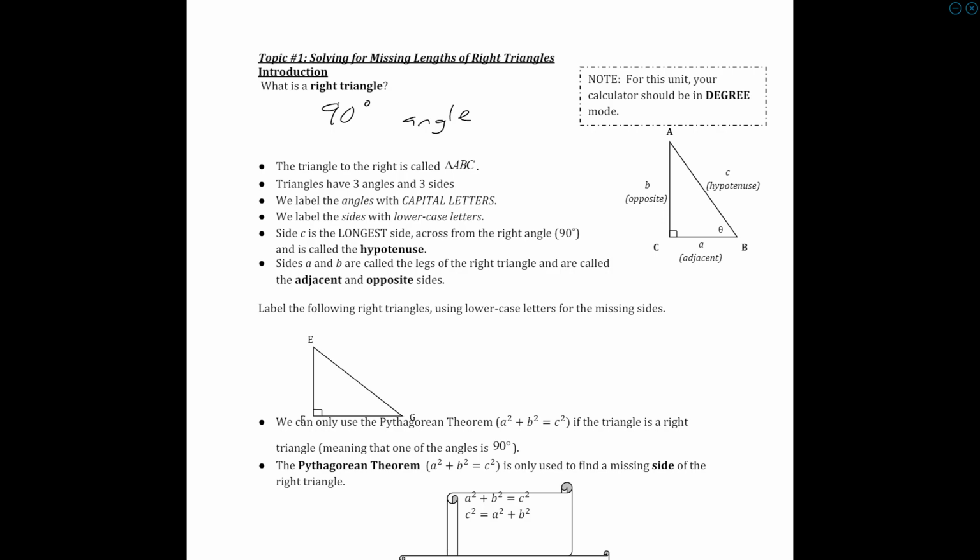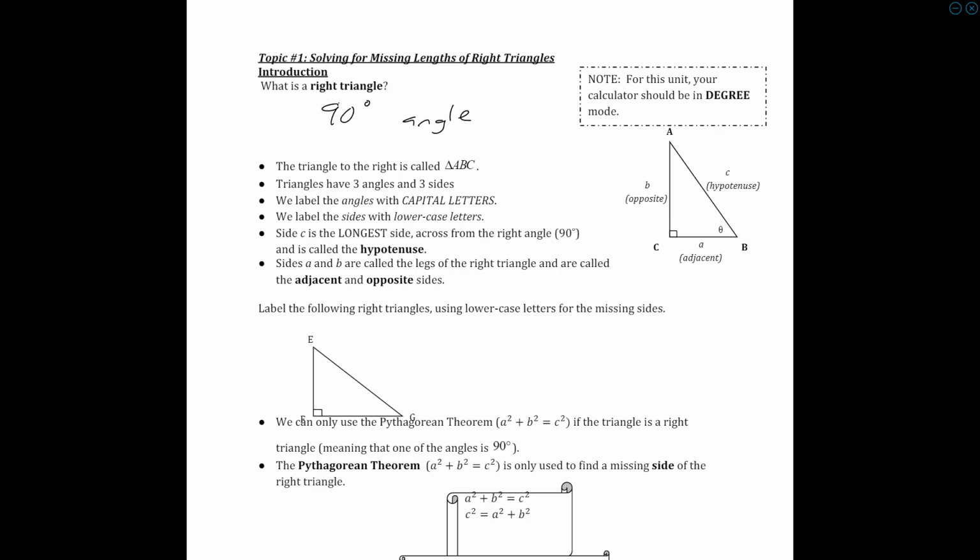Other pieces of this. Whatever is opposite the biggest angle, in this case the right angle, is the longest side. Whatever's opposite from the smallest angle is the shortest side. And when we're talking about using our trig ratios, when we name them hypotenuse, adjacent, and opposite, the hypotenuse is always the longest side.